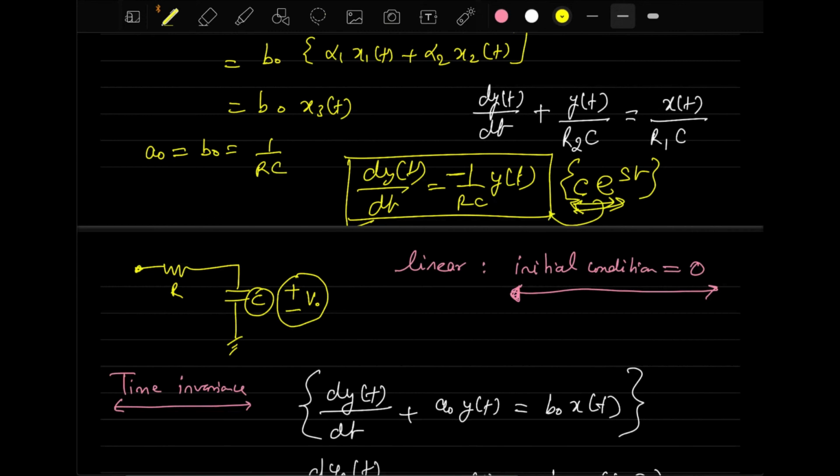So some sort of motivation is coming from there, that they take exponential signals, because some way or the other exponential signals are decomposed into sine and cosine, which go into the area of Fourier series also. From there they have taken this motivation, that they assumed c e to the power st will be one of the solutions of these differential equations. You can try other ones also, but normally people try to be as simple as that in the formulation of the answers.